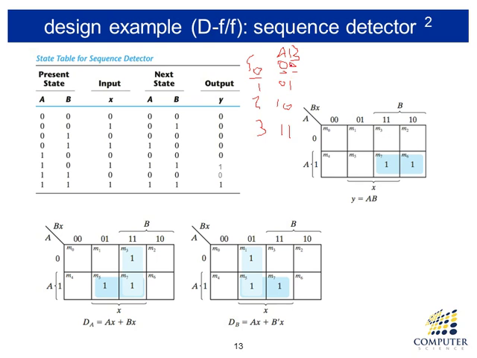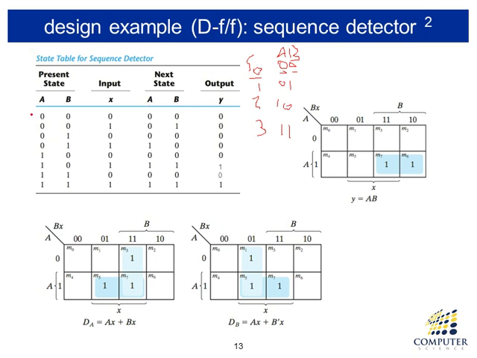Using those encoded state values, we construct a state table from the state diagram. The state table lists all possible present state values and inputs, and then what the next state and output will be.